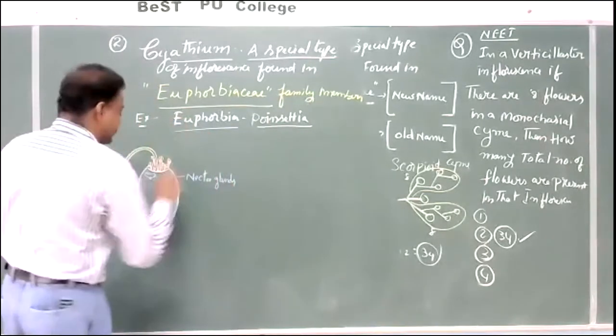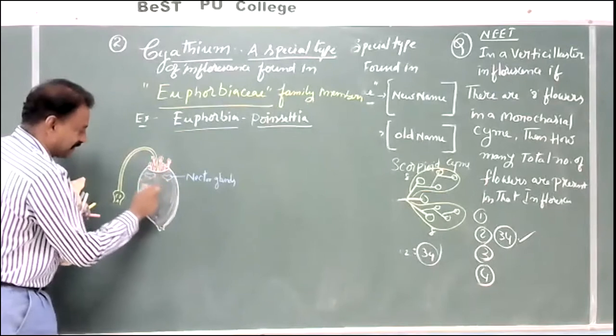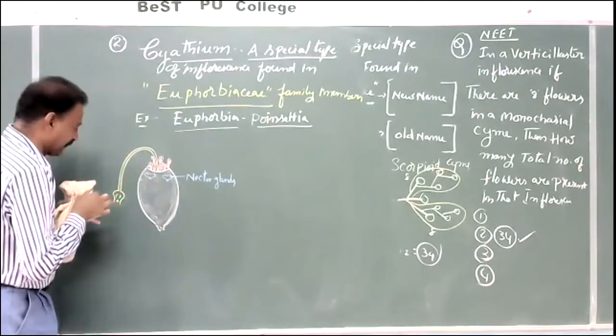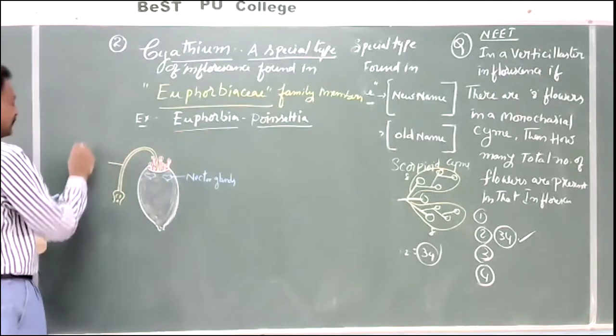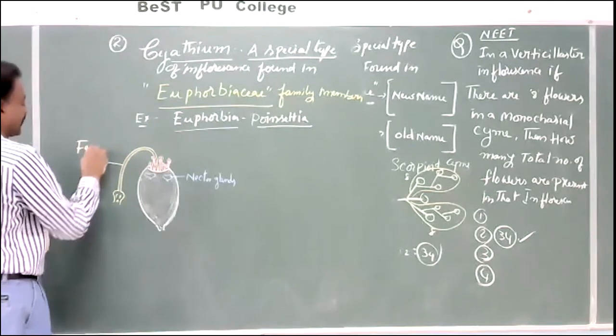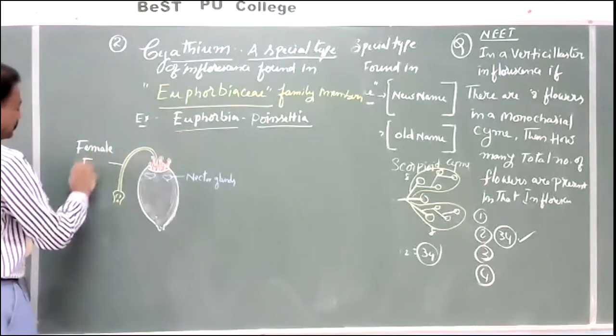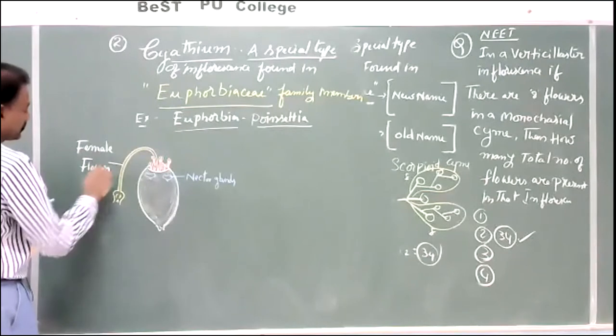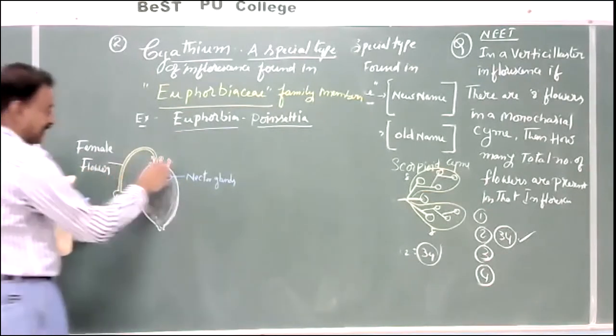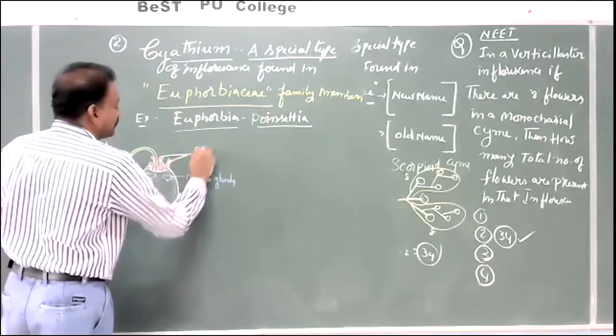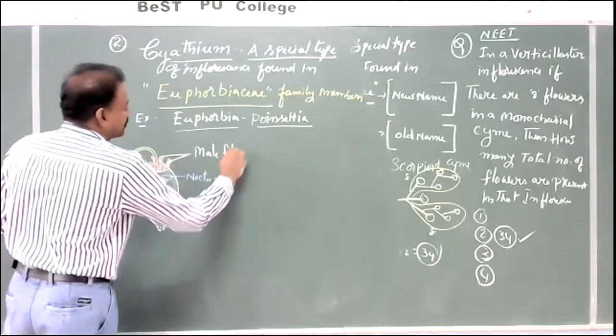Like school bags, how people will take bag, it is attached nectar glands. This is female flower. And these red color structures are called male flowers.